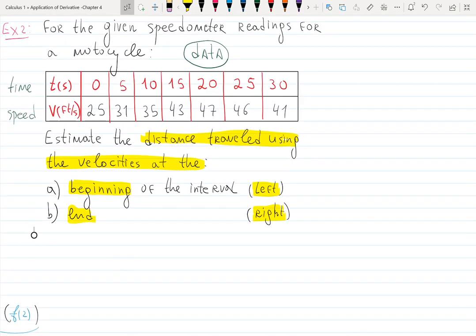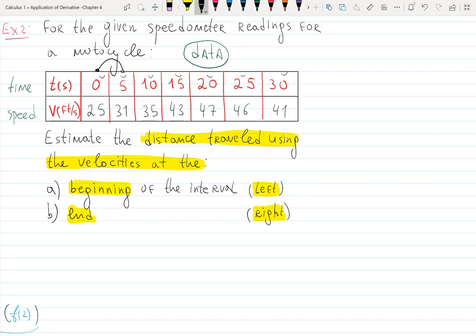Step 1, we don't know the number of intervals, so we need to figure that out. The mistake would be to think that this is the number of intervals: 1, 2, 3, 4, 5, 6, 7. Nope, that's the number of columns we're working with. The interval is the change.